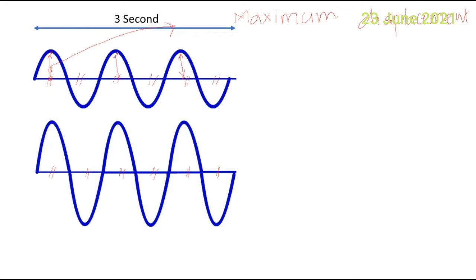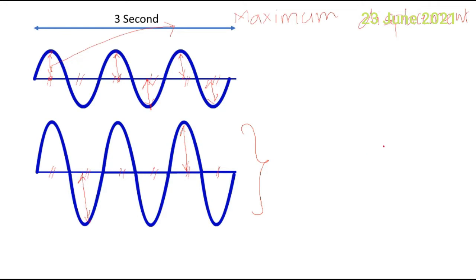And here it is this portion. Not only on the top. What is the maximum displacement below? It is here and here. Now look at the maximum displacement of this wave. It is from here to here, or from here to here.